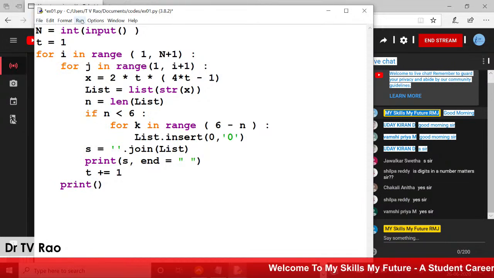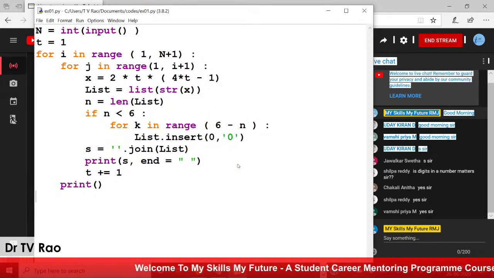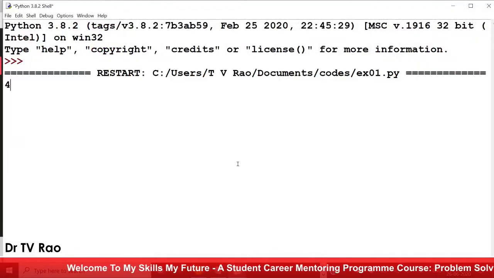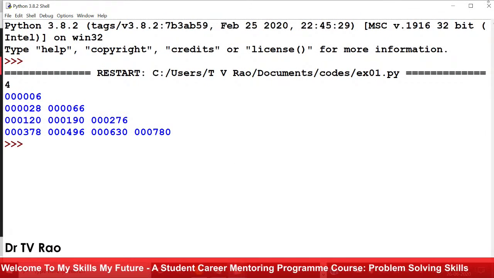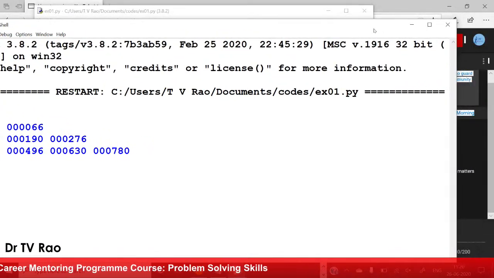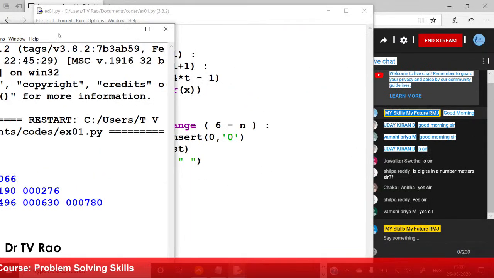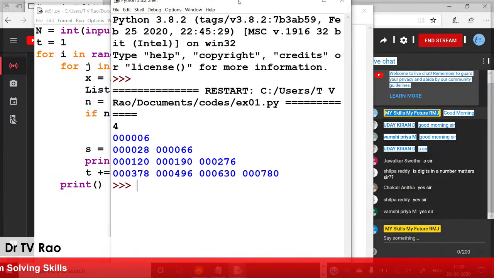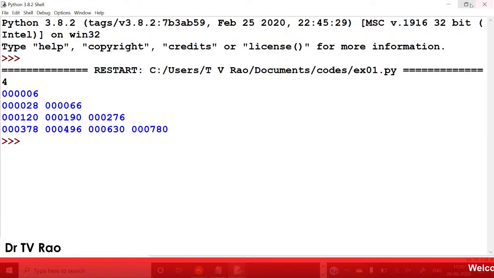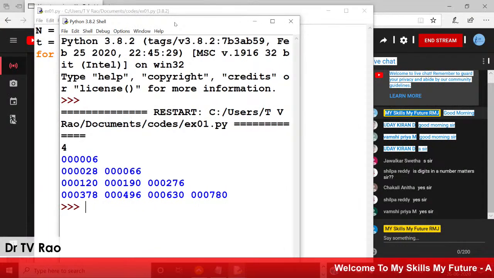And let us run this. Say I want 4 lines of output. Okay, is this clear? So you have 4 lines of output and all numbers are padded on the left by zeros. Okay, is this clear?